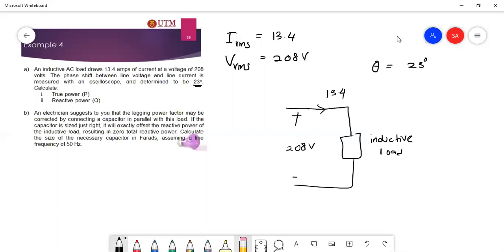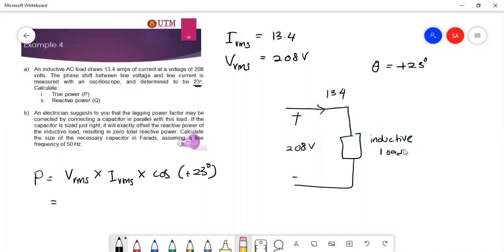To determine whether it is positive or negative is actually by looking at what type of load. In the question, the load is an inductive load, meaning that the current is always lagging, meaning that theta V minus theta I is always positive. So this must be a positive value. The true power, the average power, P is equal to VRMS multiplied by IRMS multiplied by cos theta, which is positive 23 degrees.